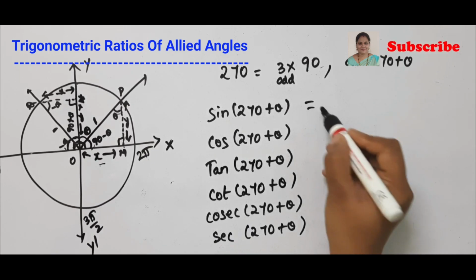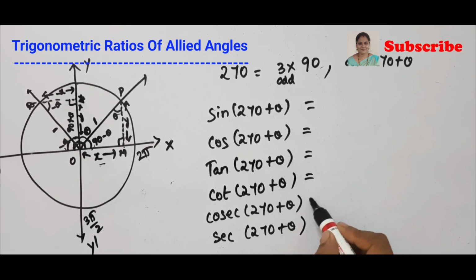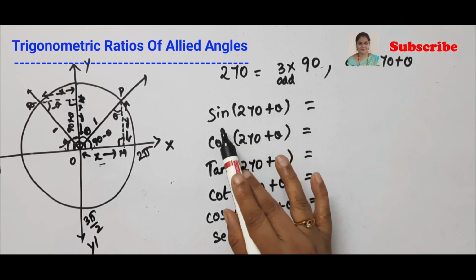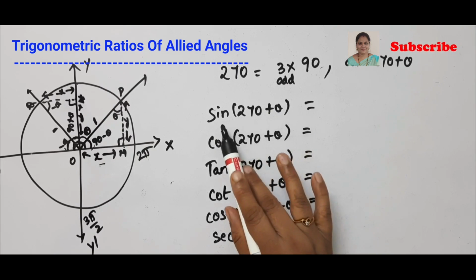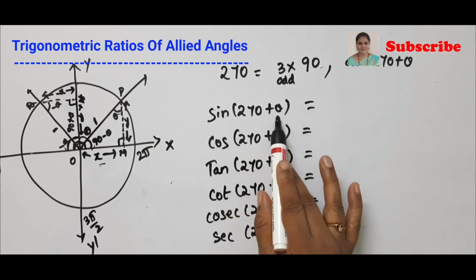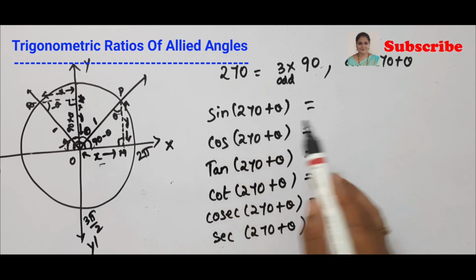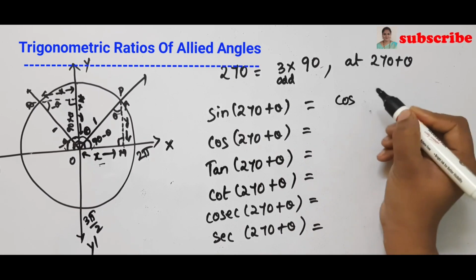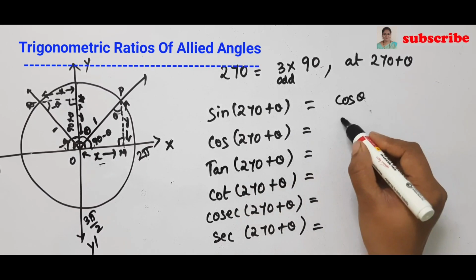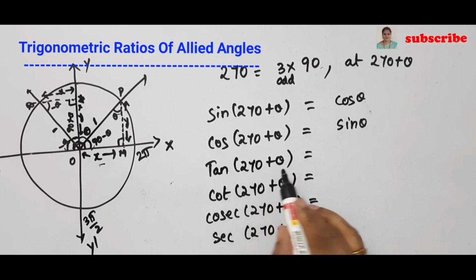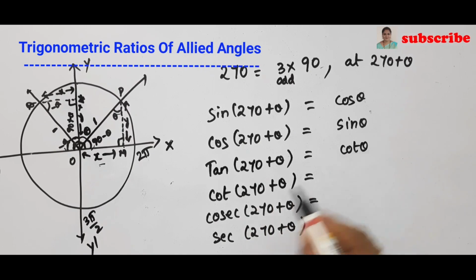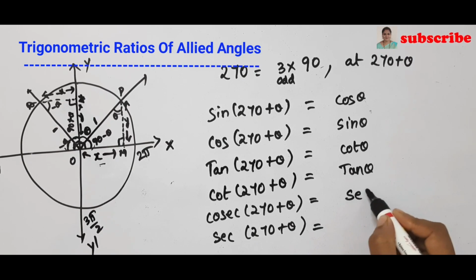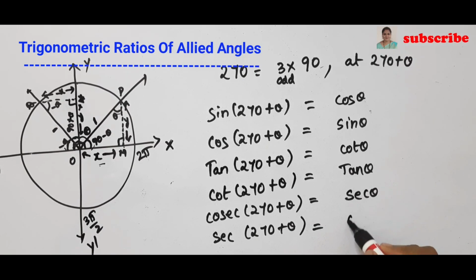Now let us keep the equal to sign. So 270 can be expressed as an odd multiple of 90, so there will be a change in the trigonometric ratios. Sine changes to cos, so write down cos theta. Cos changes to sine, so it is sine theta. Tan changes to cot theta, cot changes to tan theta, cosecant changes to secant theta, secant changes to cosecant theta.